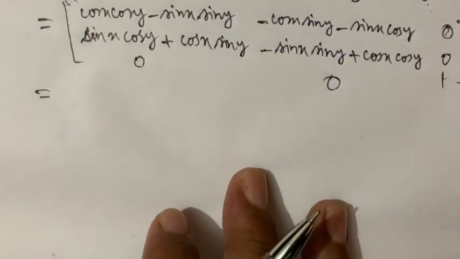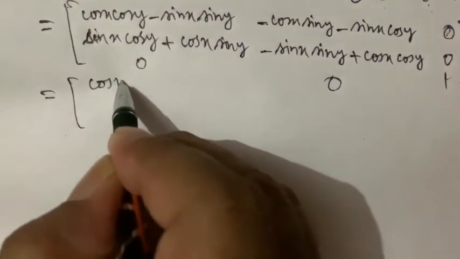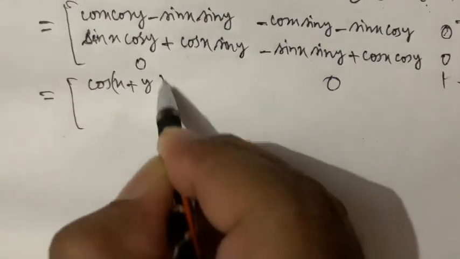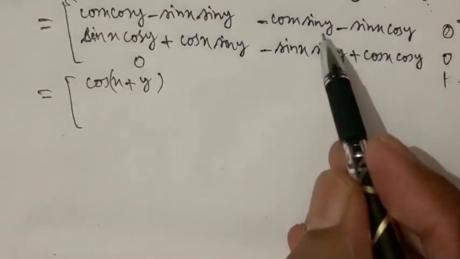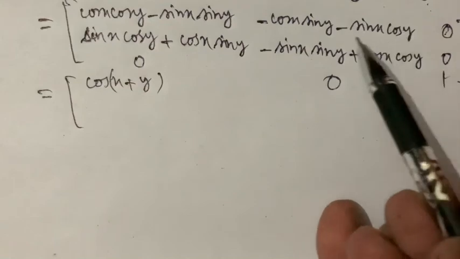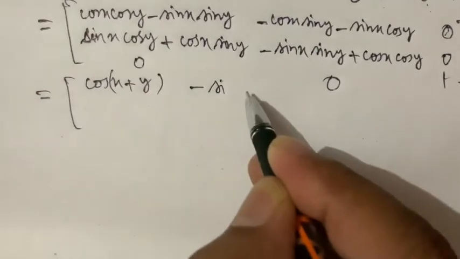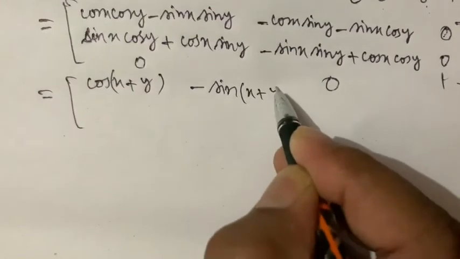So we have cos x cos y minus sin x sin y, which will be cos(x plus y). Then when we take minus as common, it will be sin x cos y plus cos x sin y, which will be sin(x plus y) there.